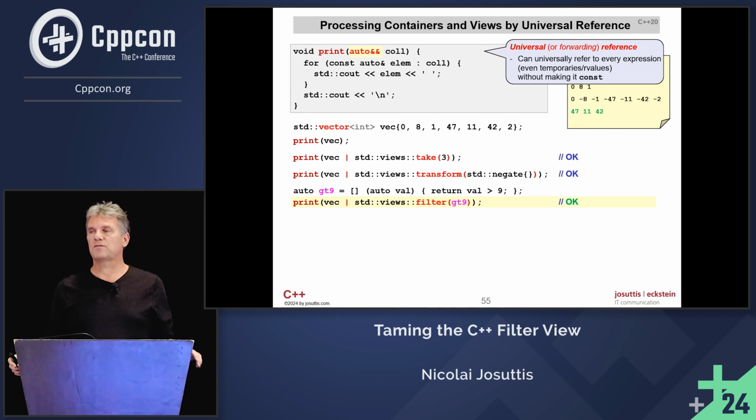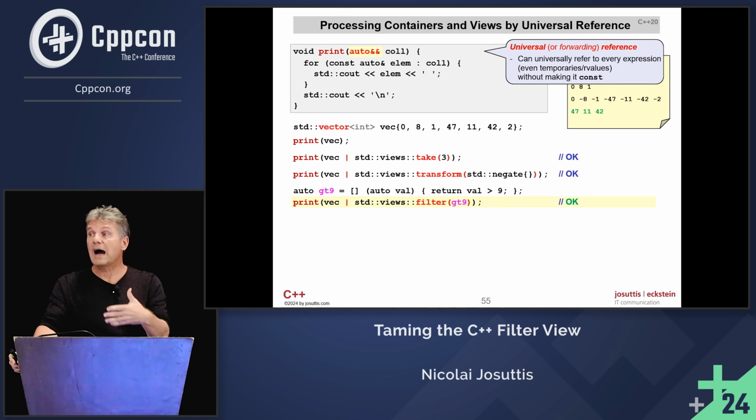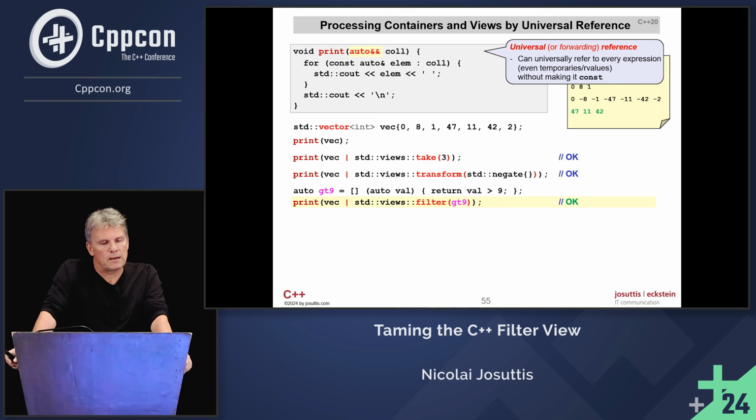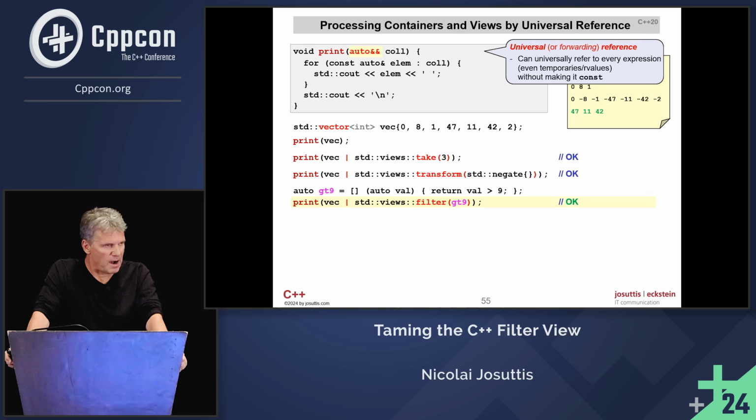The term universal reference comes from Scott Meyers, so I still use it. Excuse me for that. And that way it works, because we don't make the view const. So the consequence is, in all of your generic code you have written so far, replace const T& by T&&.